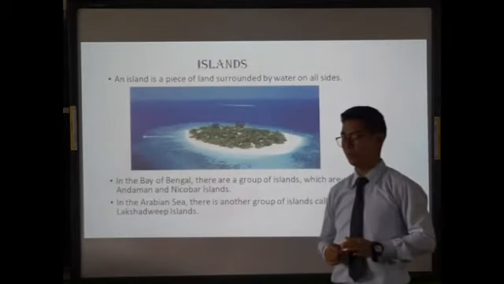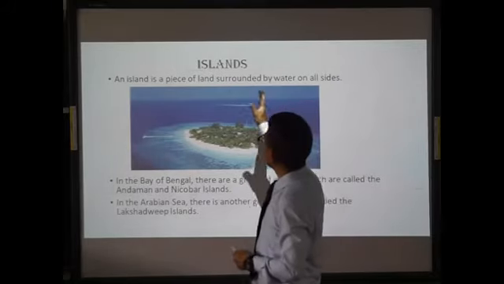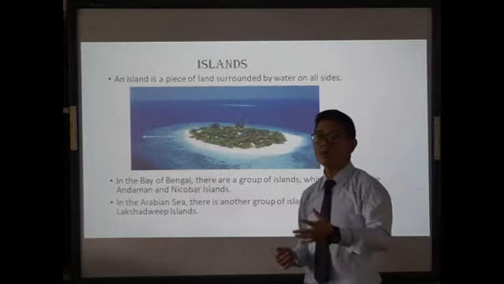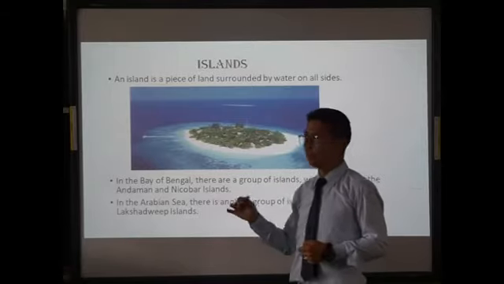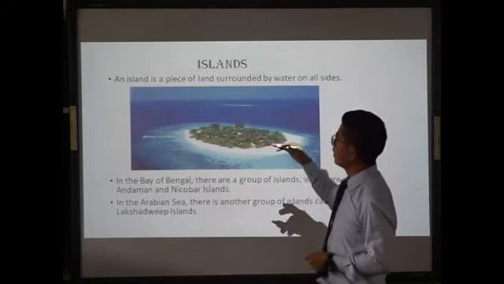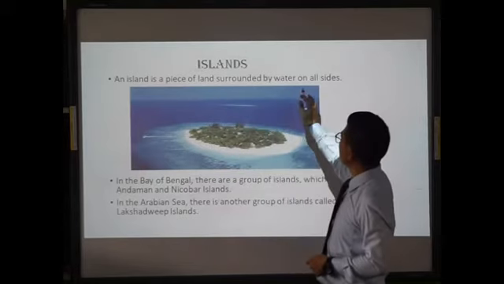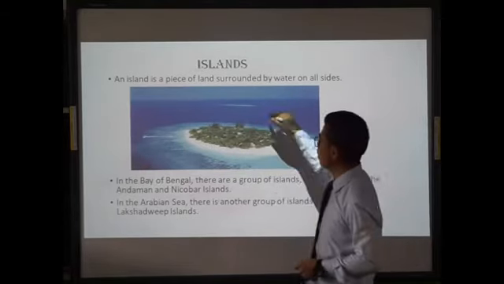Now the last thing we are going to talk about is islands. An island is a piece of land surrounded by water on all sides. We have talked about the peninsula, isn't it? A peninsula is a piece of land with water on its three sides. But an island is a piece of land surrounded by water on all sides, not on three sides, but all sides.